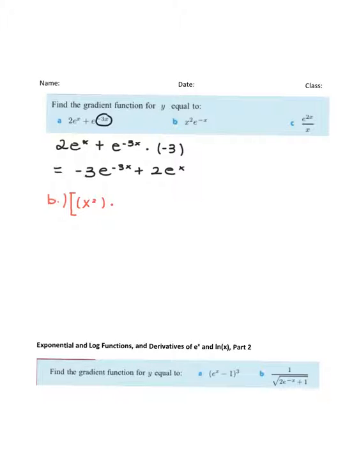Yep, e to the negative x times negative 1. So I have first times the derivative of the second plus second times the derivative of the first. What's the derivative of the first? Yep, 2x.